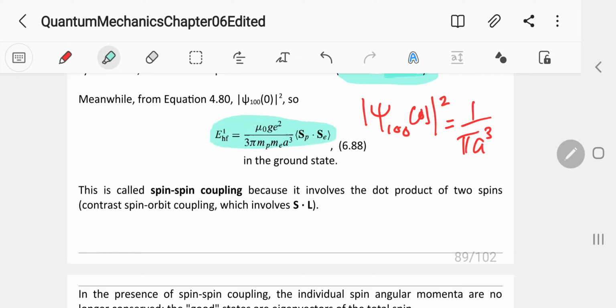This is called the spin-spin coupling, which involves the spin of the proton and the electron.